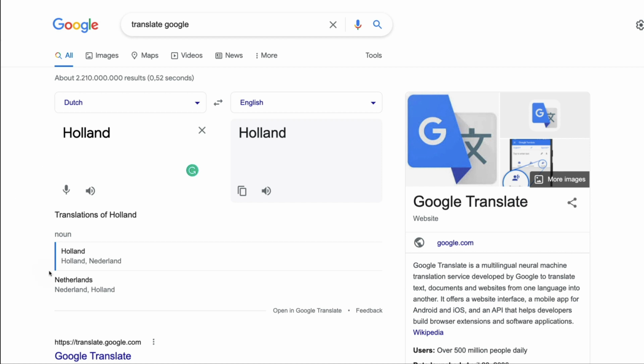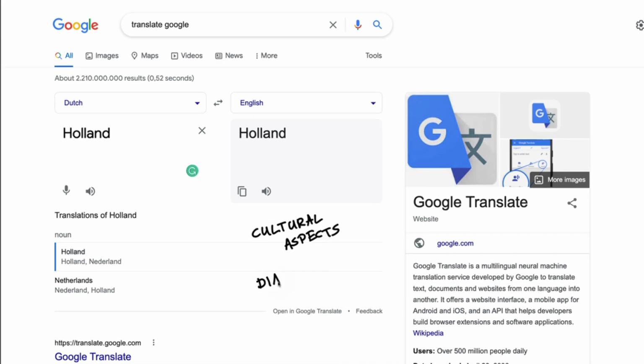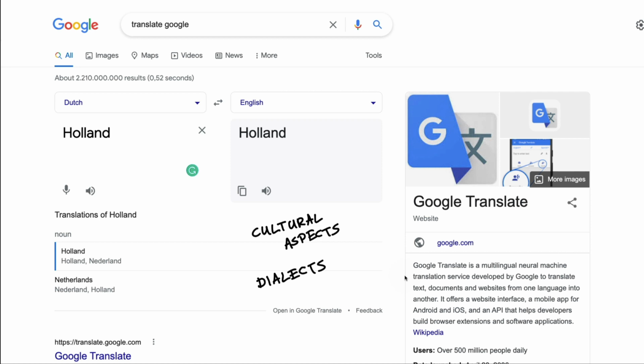However, if a Dutch person were to refer to Holland, then they are typically referring to a region in the Netherlands. And here you can imagine that there are just so many cultural aspects, especially if they are related to dialects, that we are going to need to be very careful in assuming that a translation engine is going to be able to properly capture what the user means.